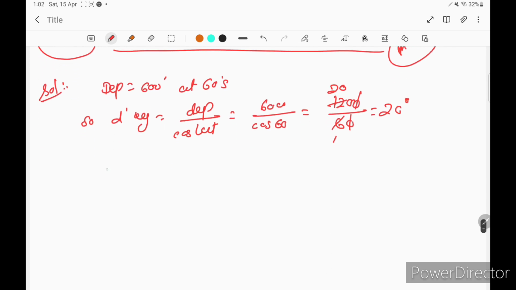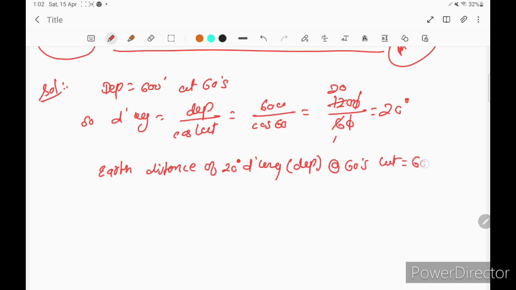Okay, do you understand this much? Now the Earth distance of 20 degree d long, or departure at 60 degrees south latitude, is 600 nautical miles.